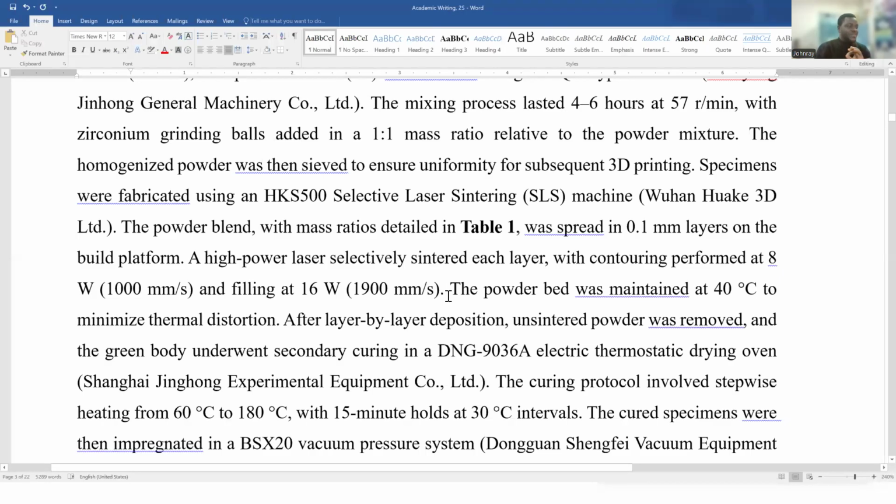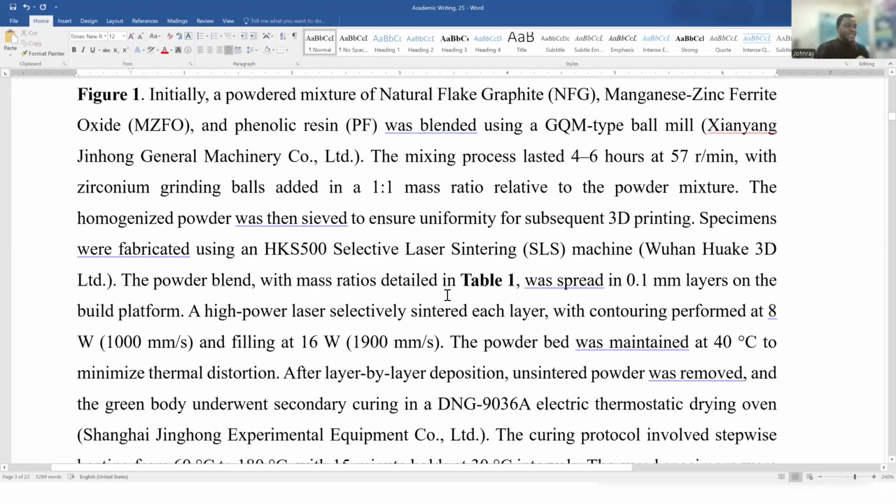Okay, I want you to pause there for now so that we look at something. We look at the details in the first part of it. If you can see, the person has stated the process used in preparing the material. He talked about the equipment used, the Gene QM type ball milling, where they got it from, and also the number of hours it took for the powder to be mixed together.